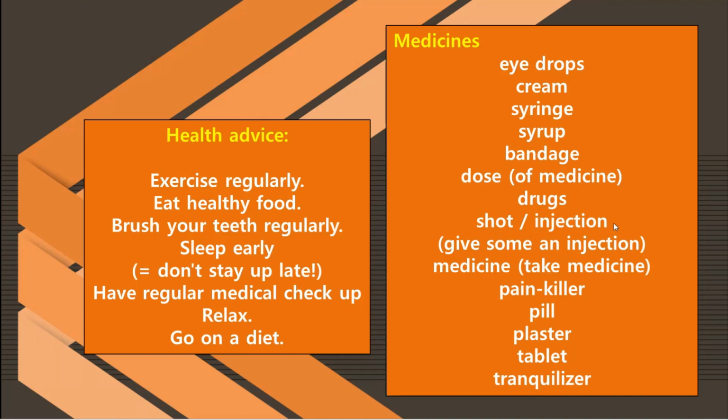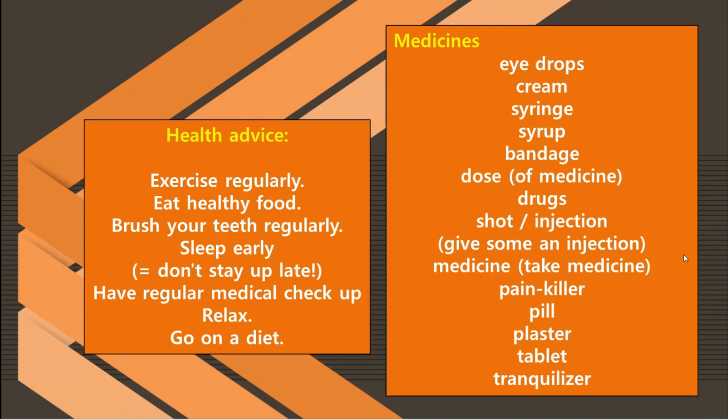If you are going to use the injection word in a sentence, the doctor gives someone injection. And then medicine, take a medicine. You have to take a medicine twice a day, for example. And then pain killer, and then pill, plaster, a tablet, and tranquilizer.